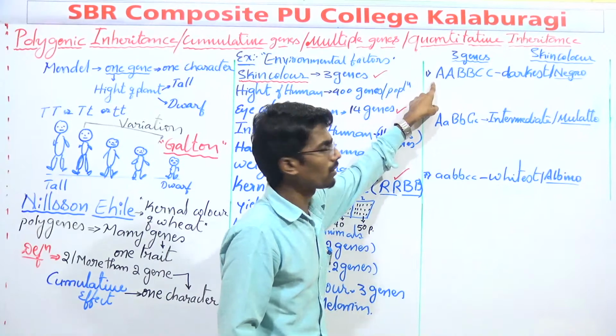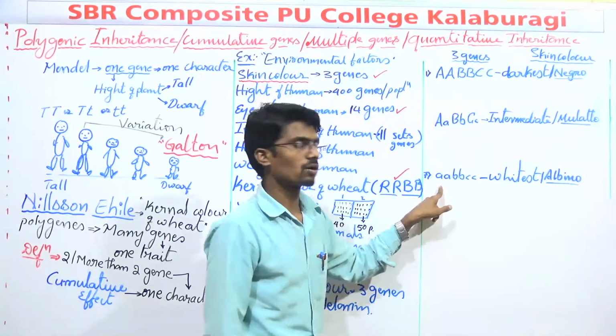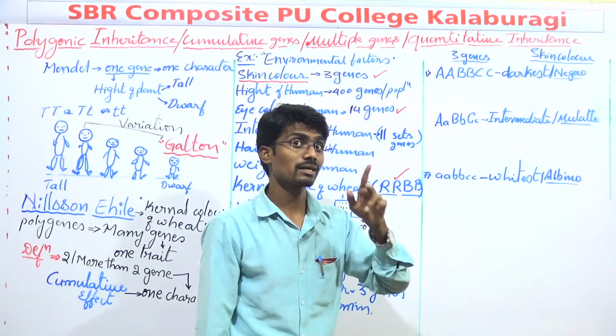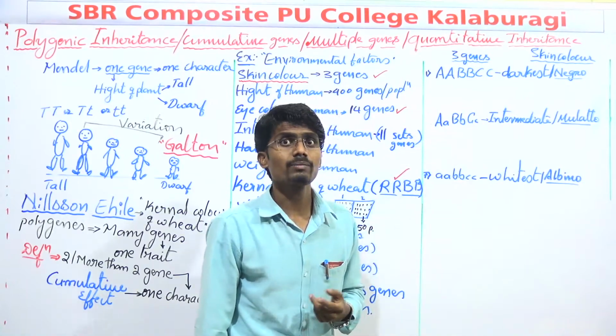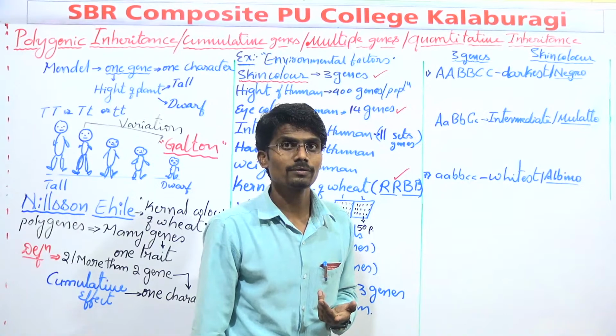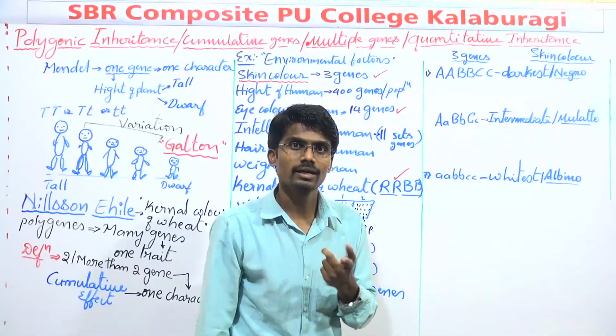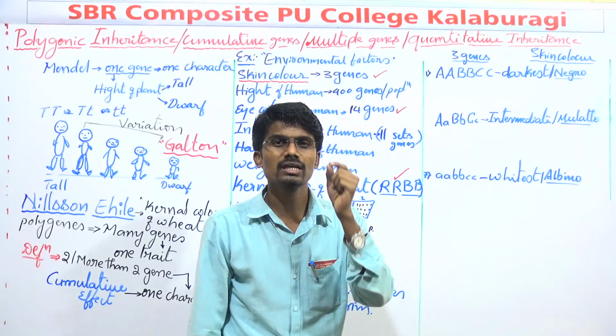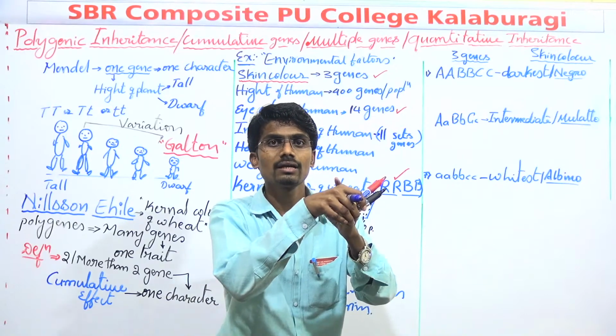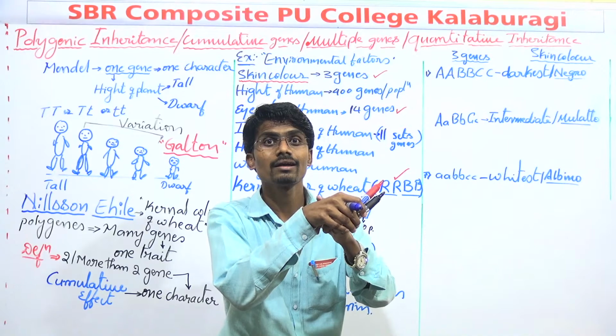In the first case, all are dominant. In the last case, all are recessive, because skin color varies. If 3 are dominant and 3 recessive, the color changes. What it shows is that in polygenic inheritance, each allele plays a key role in expressing different skin color. Got it?